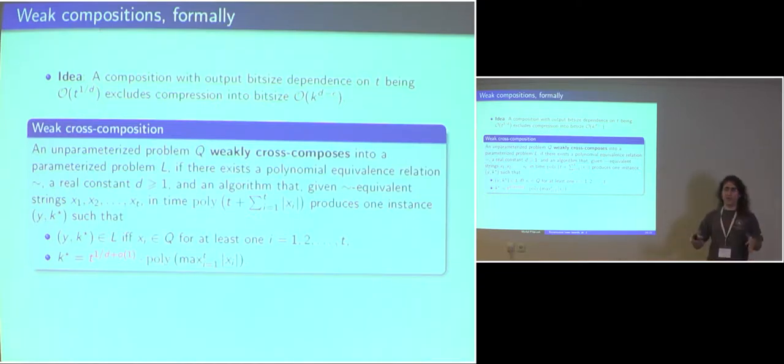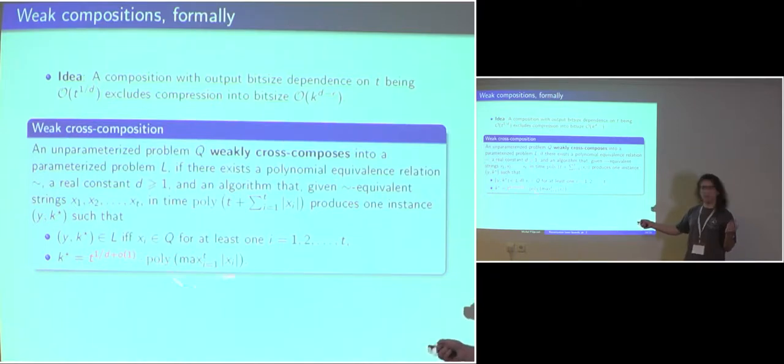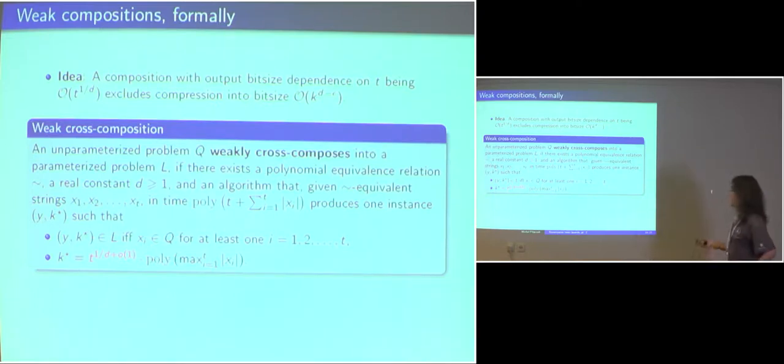And an algorithm that takes that many strings on the input and composes them in polynomial time into one instance of L, yes, y x star, that acts as an OR of the input instances, yes, as usual. But the target parameter is not now poly of log t and the maximum input size. It is just poly of the maximum input size and roughly t to 1 over d. You may assume that you have order of 1 here as well. Yes? So this is weak cross-composition.